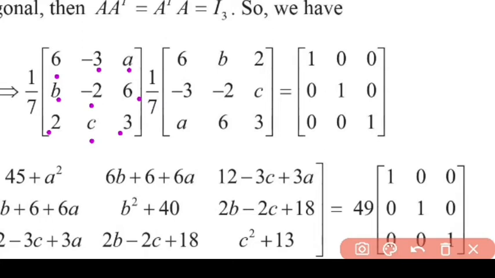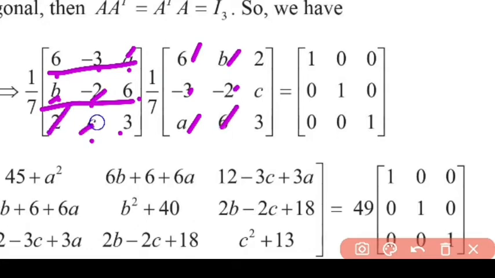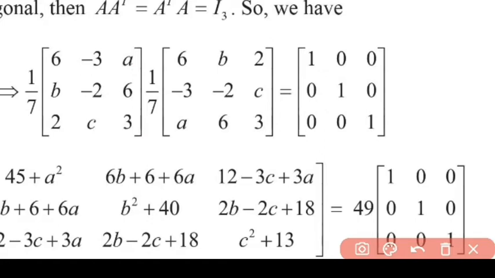If we take the transpose, row into column, and multiply, what we get is equal to the unit matrix I3, whose value is 1 0 0, 0 1 0, 0 0 1.